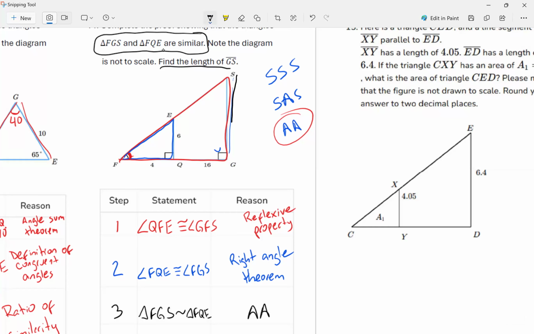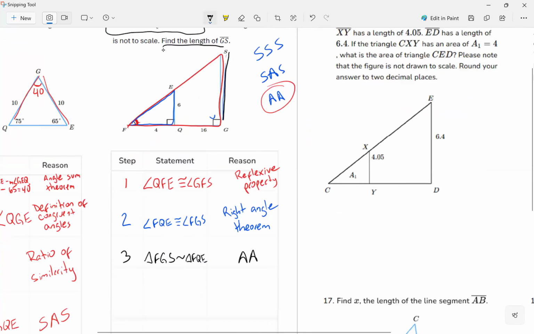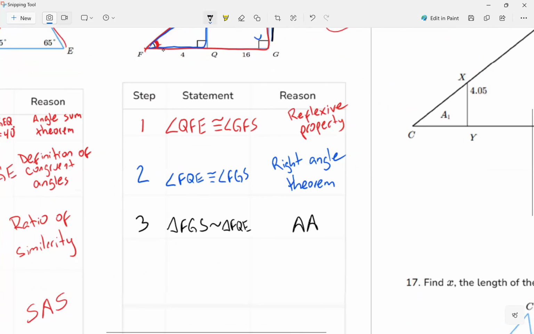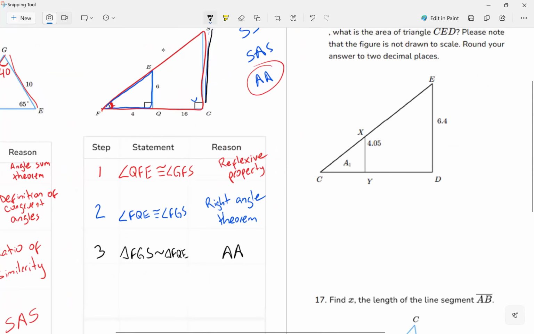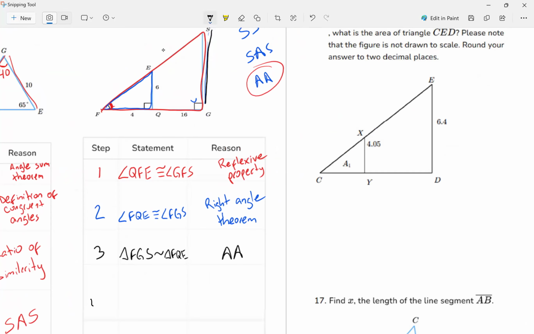So let me complete this. I'm looking to find the length of GS, this side right here. Since the sides are proportional, I'm just going to use my step number 4. Let me make two fractions. From the small triangle, let me use the sides FQ and QE.